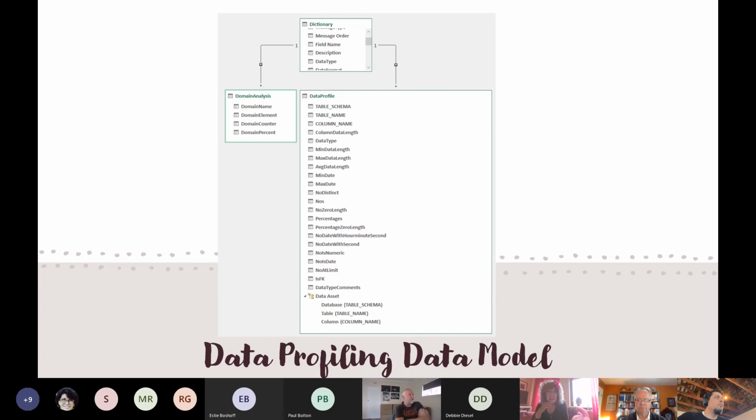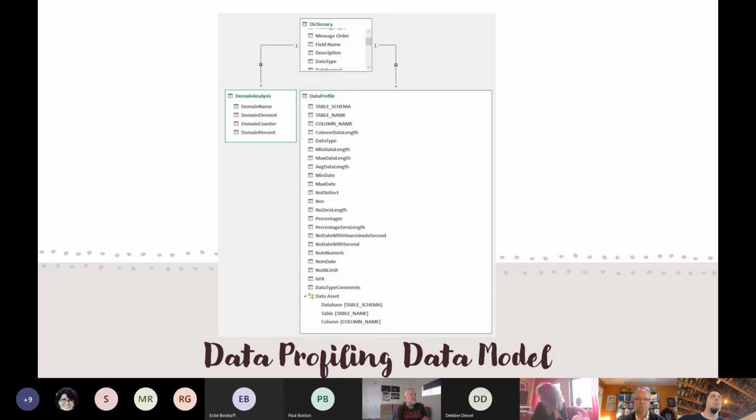And is it accurate? Is it understandable? So these are so useful to us in every aspect of our DMBOK framework. And I suppose that's why they refer to it as a foundational component. Yeah, it's the foundation of all of those.